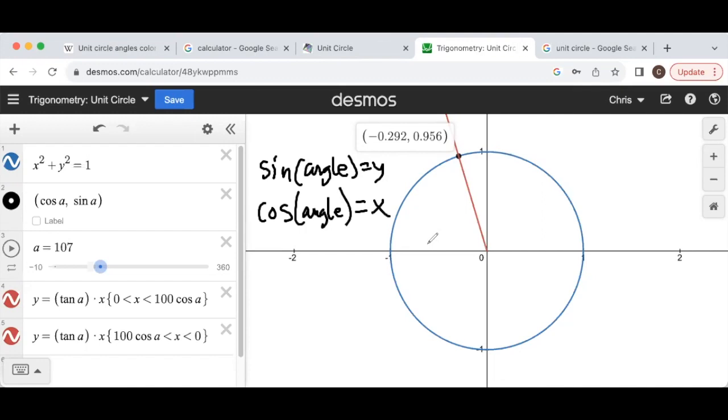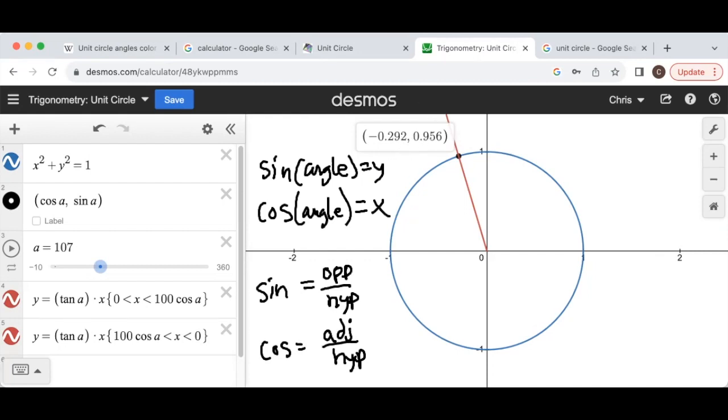That's so important. And in fact, that is your new definitions of sine and cosine. So previously, like in geometry, you defined sine as opposite over hypotenuse in a right triangle, right? And you would have defined cosine as adjacent over hypotenuse in a right triangle. But we have new definitions now.